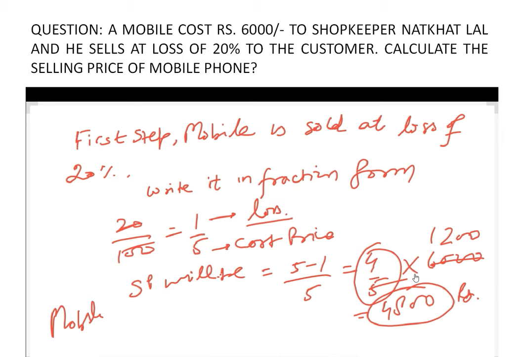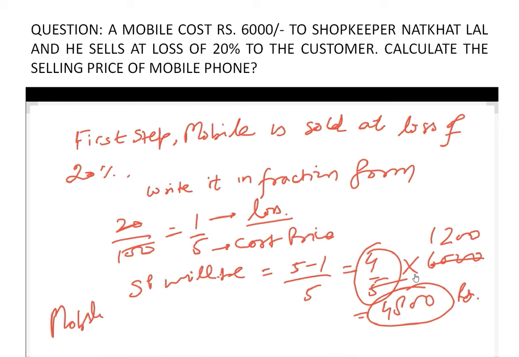So the key point is that whatever profit and loss, whatever discount on MRP is given in percentage form, steadily write it into fractional form. There is no need to memorize the formula SP minus CP upon CP into 100. In that way, it will become a burden on our mind.